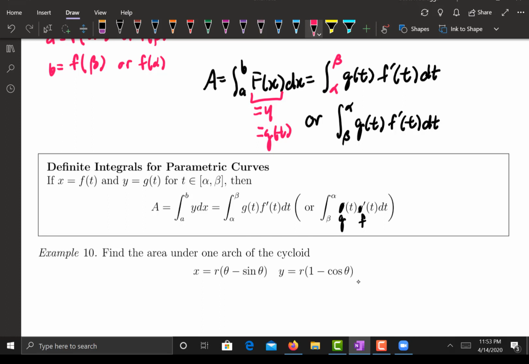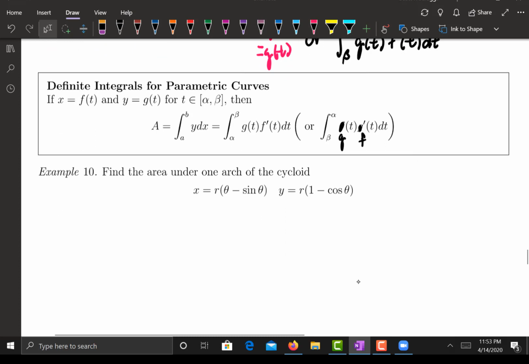So let's go out here. Let's try to find the area under a cycloid where my parameter is between 0 to 2 pi.